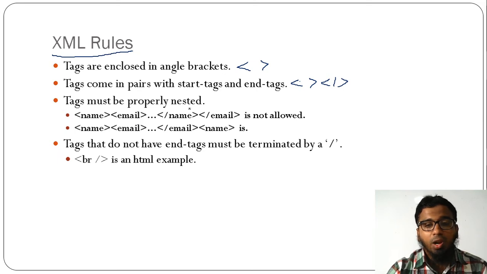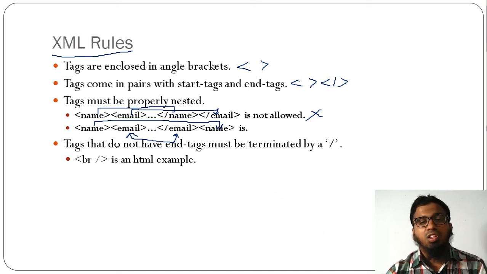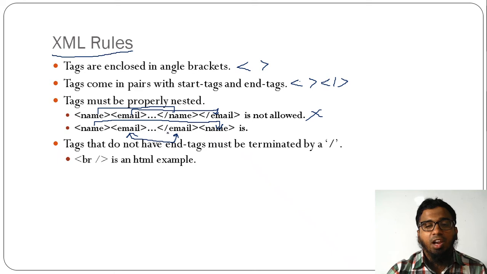Tags must be properly nested. When this name is here and here, can you see it is overlapping? So this will not be allowed. If you are using name here, then you should close name here. In between, whatever the tags are, they should be closed properly. Okay, so this is properly nested.